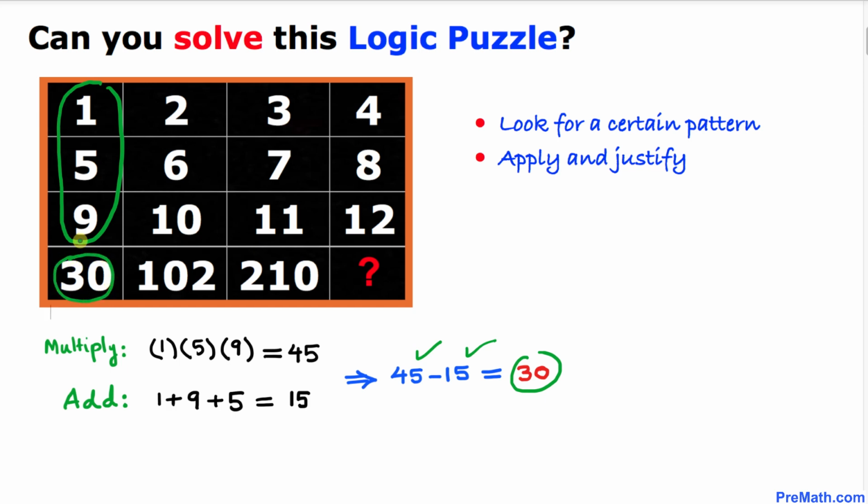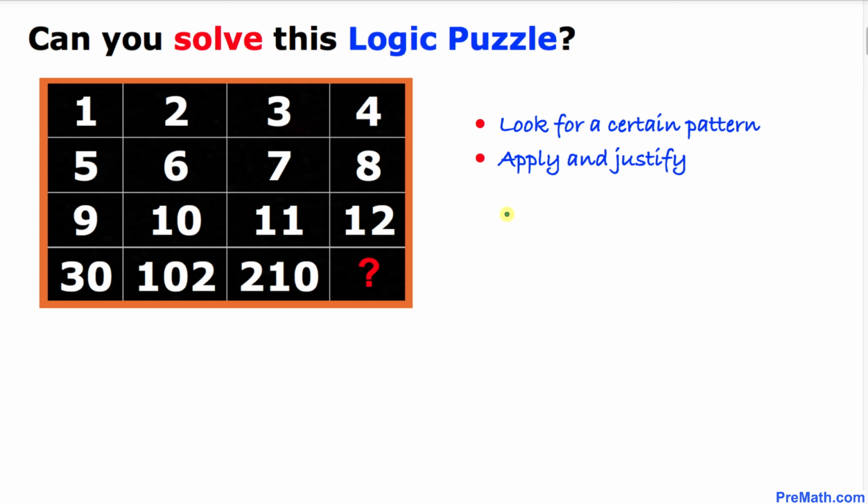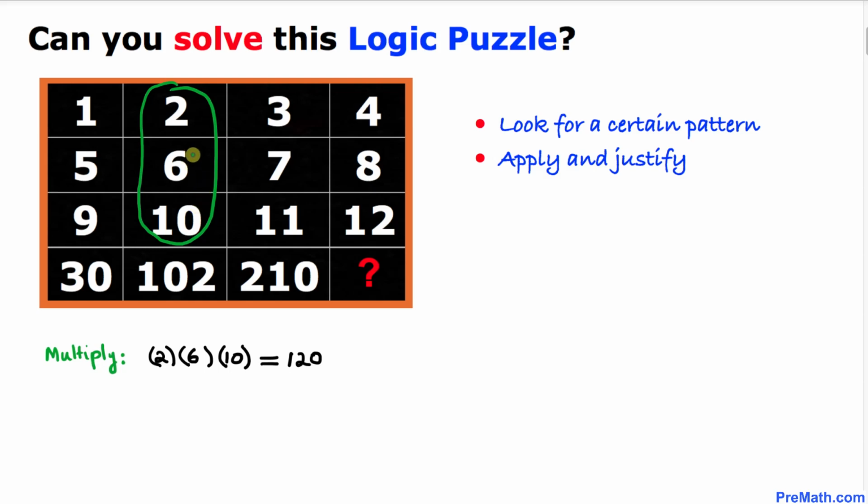Now in this next step, we are going to repeat the very same process for the three numbers in the next column. We are going to focus on these numbers 2, 6, and 10. Let's multiply these numbers. 2 times 6 times 10 gives us 120.